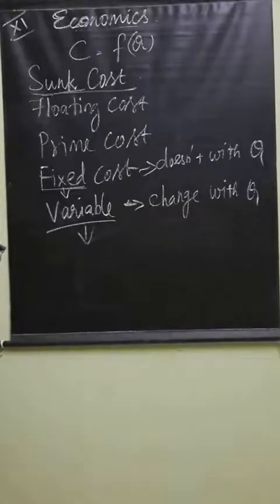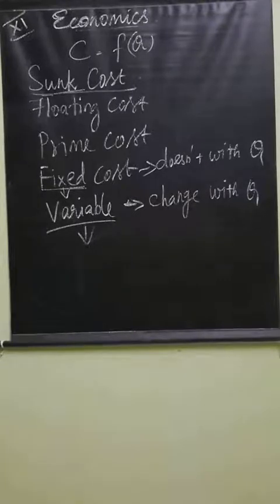So till now we have learned 12 types of cost, 9 types of cost. Have you remembered, girls? In the previous classes we learned what is cost and cost function. Then we started studying about the cost concepts.